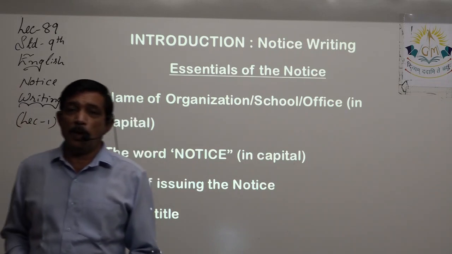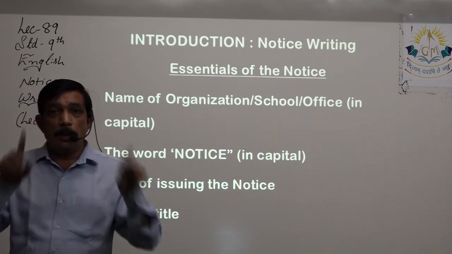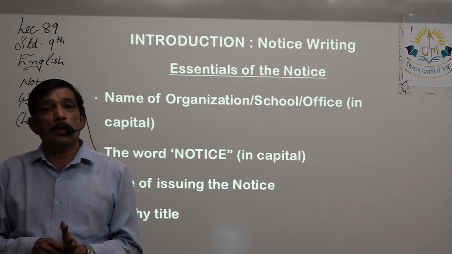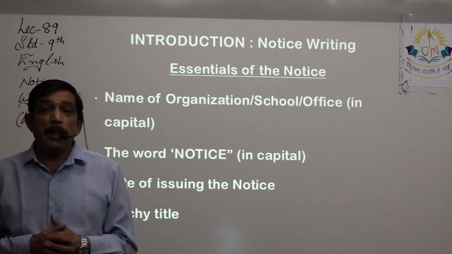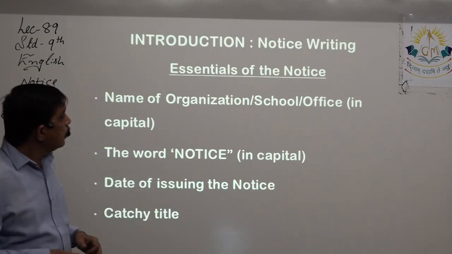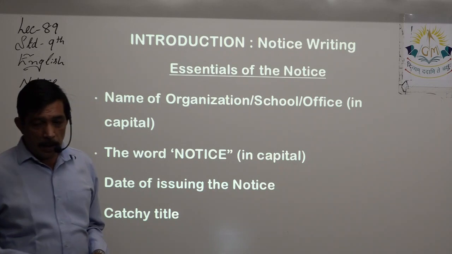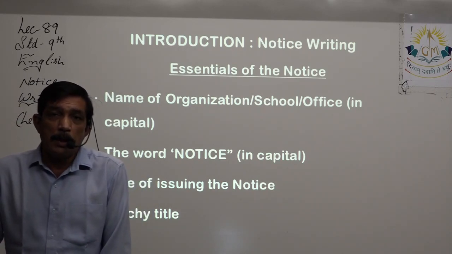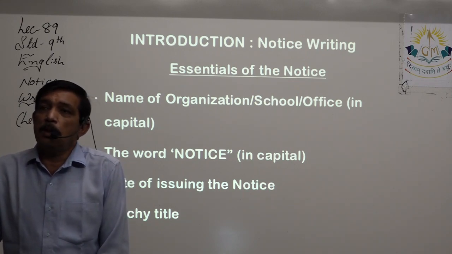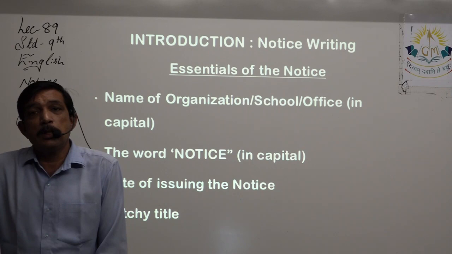Now, name of the organization. On the top of the notice I'll be displaying the complete format of the notice also, but let us just understand what should be there. Name of the organization. When I say name of the organization, it will be ABC Public School, comma, name of the city or the town.